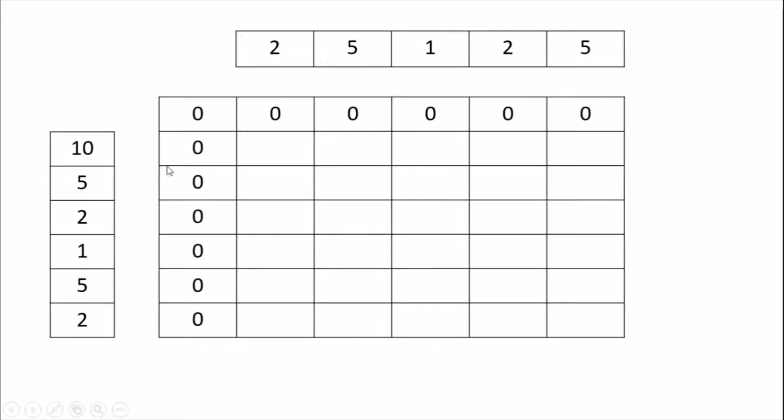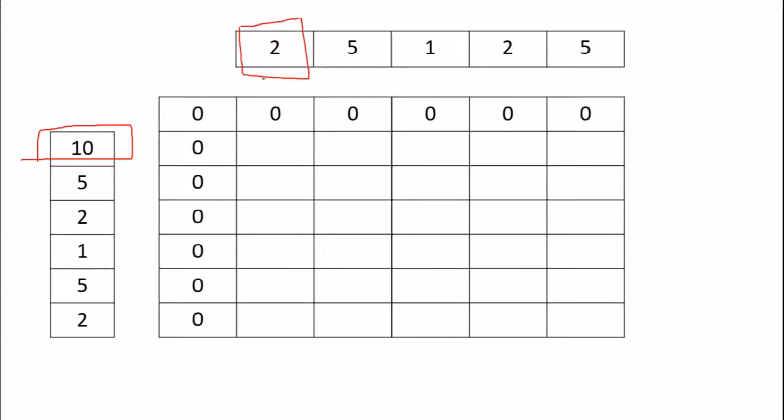Now we have to find the longest common subsequence in both the arrays. So we have a simple logic to build or fill this matrix. We check when we have only this item and only this item, whether we can have a subsequence or not.